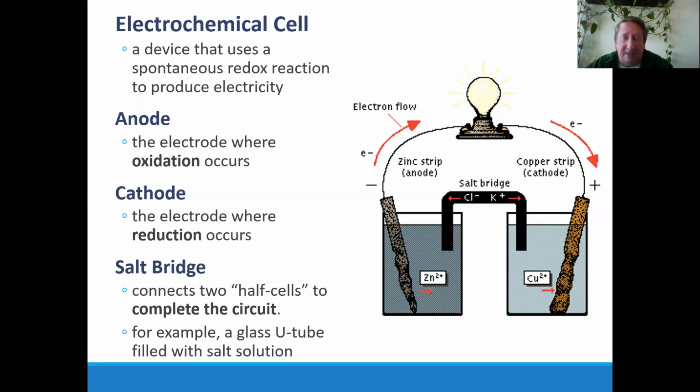Pause the video if you need to write that down. The salt bridge prevents the buildup of electric charge in the two beakers. How does it do that, and why would there be a buildup of charge? Well, consider the zinc beaker. Electrons are leaving the zinc beaker. Electrons are negatively charged. If something negative is leaving this beaker, then this left-hand beaker could acquire a positive charge.